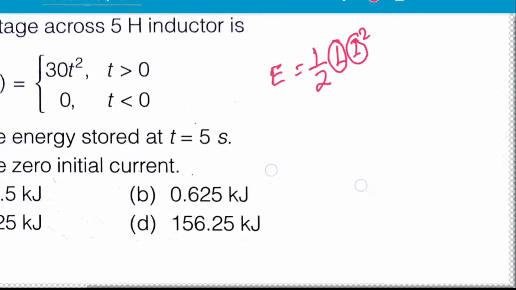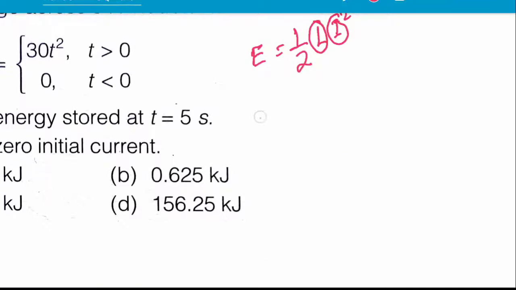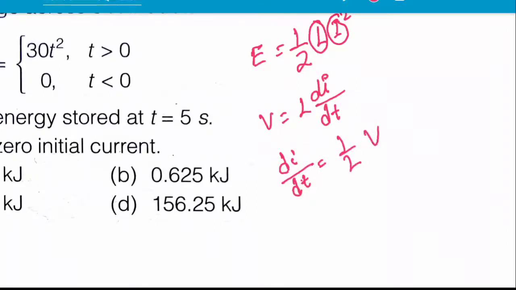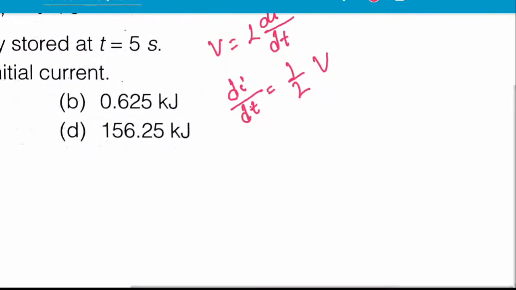So voltage across the inductor is defined as V = L di/dt, and here di/dt = (1/L) V.